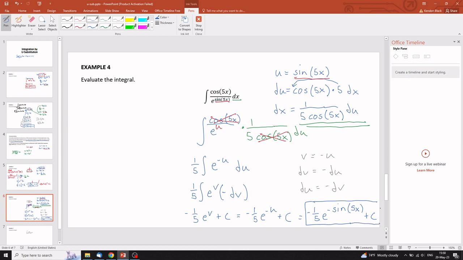And one last thing I'll say about this problem. Just because the integrand results from differentiating using the chain rule multiple times, it doesn't necessarily mean you have to do a u substitution multiple times in order to integrate. In fact, in this particular problem, if we would have chosen our original u to be negative sine of 5x, then we would have only had to do the u substitution once.